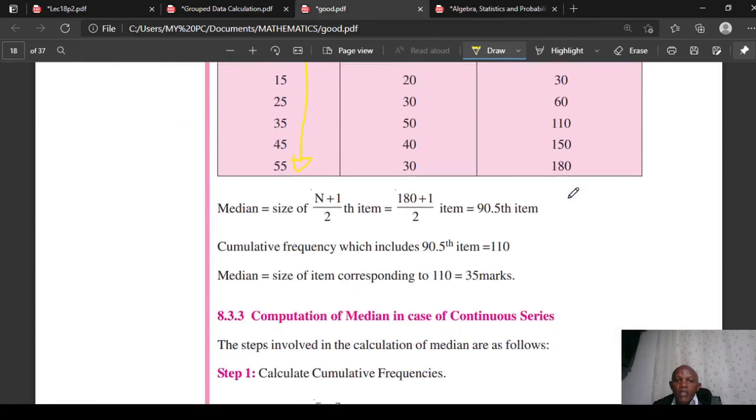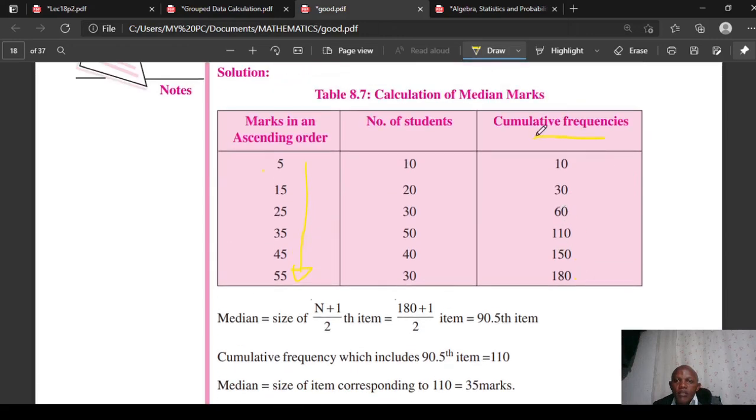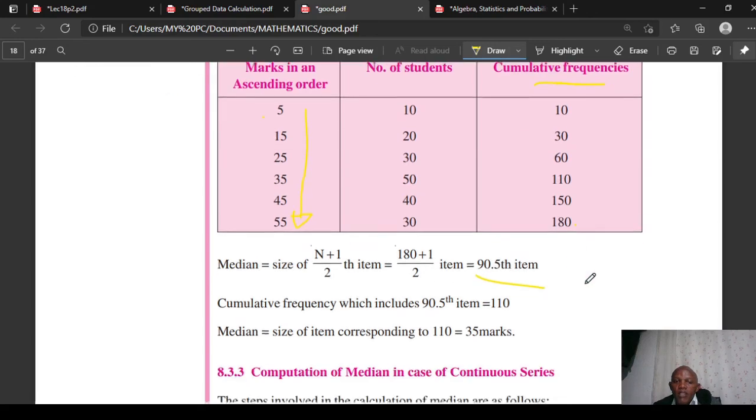So here we are saying that the median is the n plus 1 over 2 ith item. Because there are 180 observations, in other words, we have 180 students, the middle student will occupy position number 90.5, as 180 plus 1 over 2 is that.